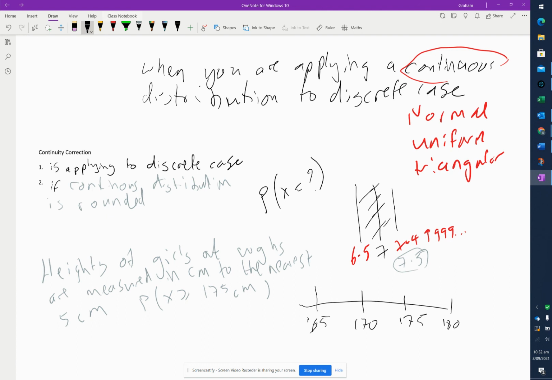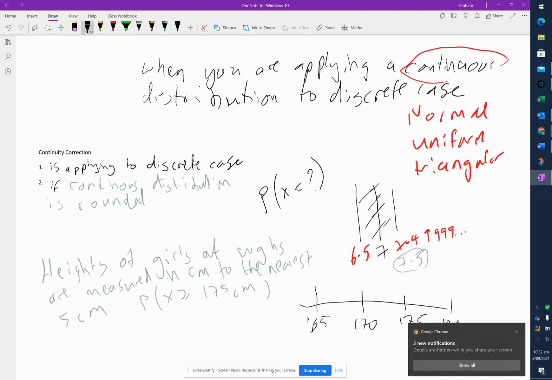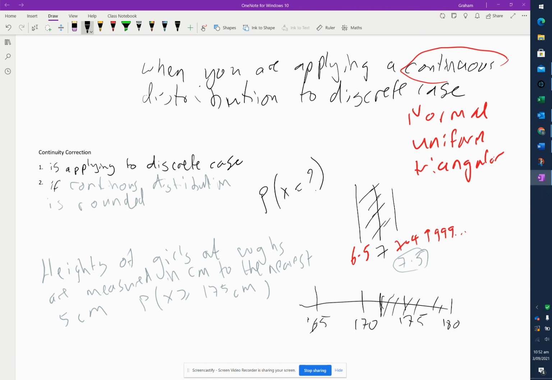I want to be able to identify all the girls who are taller than or equal to 175, which means that anyone that was halfway between 170 and 175 would have been rounded up to 175. So what's the value in between? And that is 172.5. So then I would have to use that as my continuity correction in my calculation.